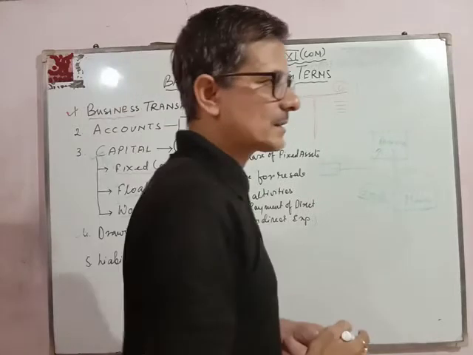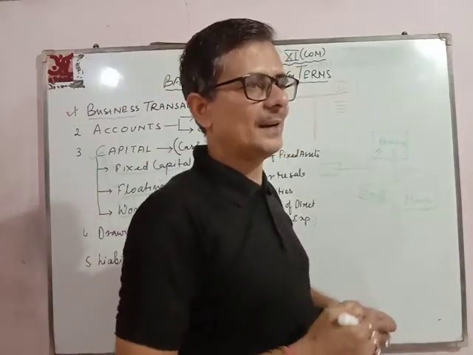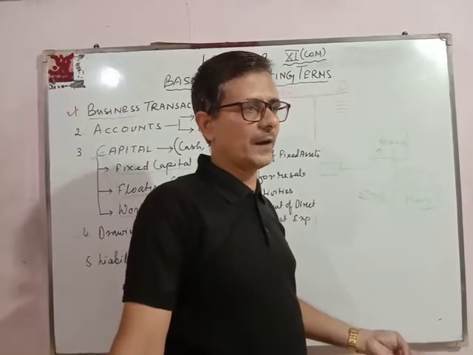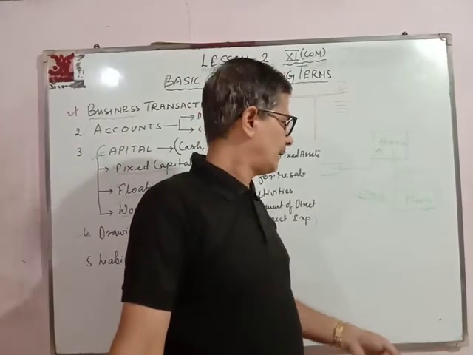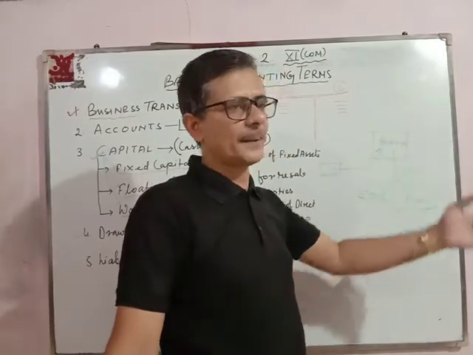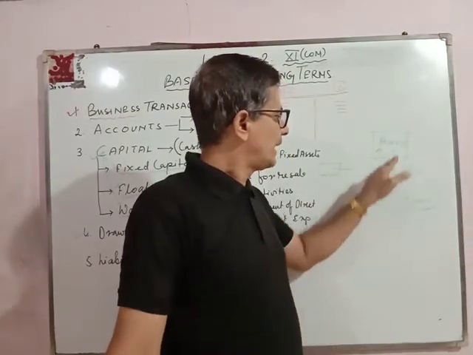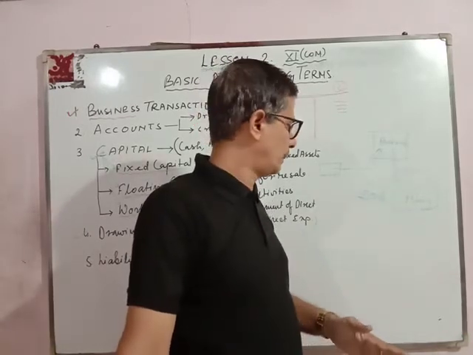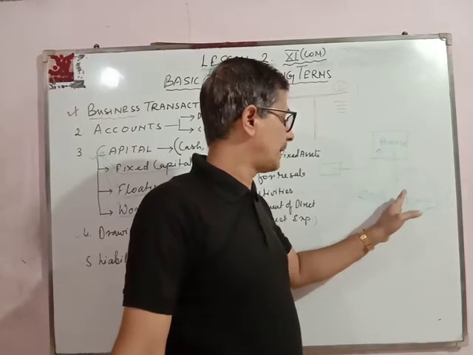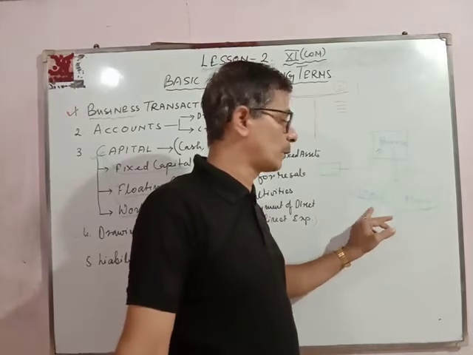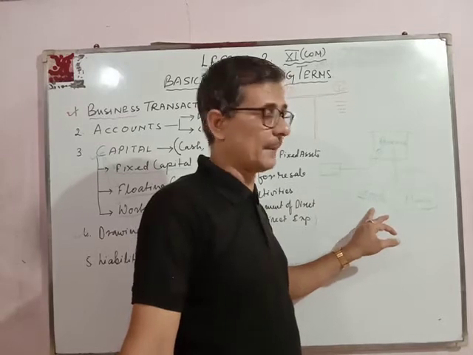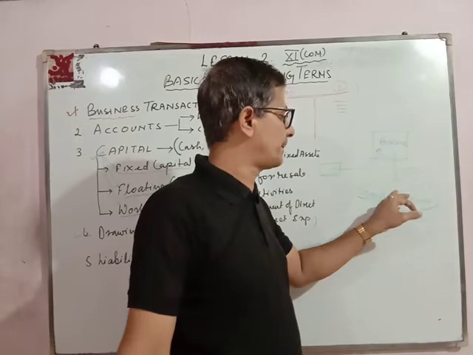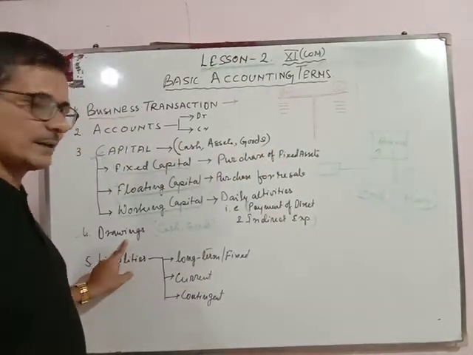Suppose a businessman started a grocery shop and he needs certain grocery items like dal or mustard oil or salt at home. He won't go to any other business and buy it. He will take it out from his own business for his home. So he may withdraw money, he may withdraw goods according to his requirement. Both money or goods, whatever he has withdrawn from the business, are known as drawings.